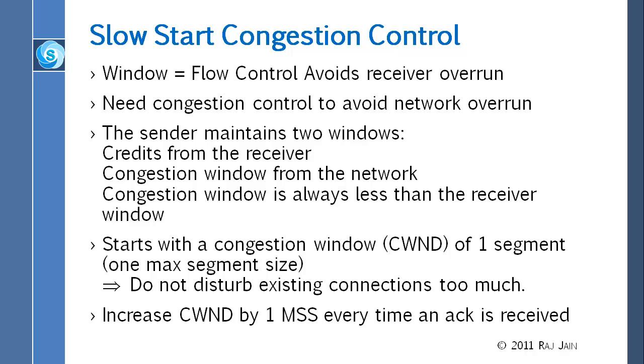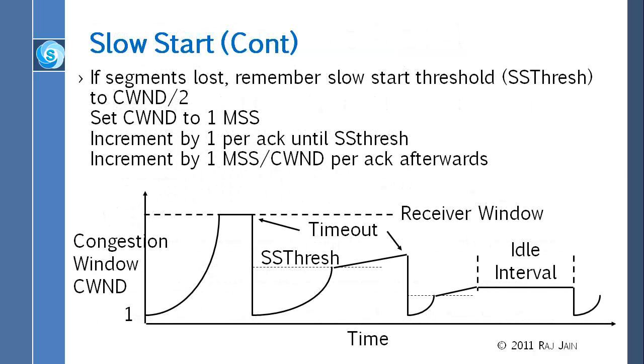So CWND of one segment, and you just increase the window by 1 MSS every time an ACK is received. You send one segment and you get the acknowledgement, you go to 2 segments. You get 2 acknowledgements, you send 4 segments. You get 4 acknowledgements, you add 1 for each of those.